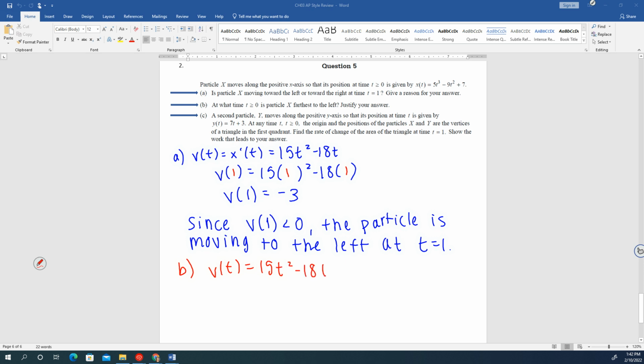We'll make a sign chart. Okay, so I personally write it like this, factored. So at 0 and at 6/5, so just a little bit more than 1 second, this particle is at rest.